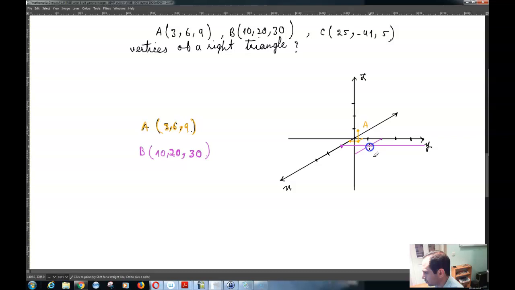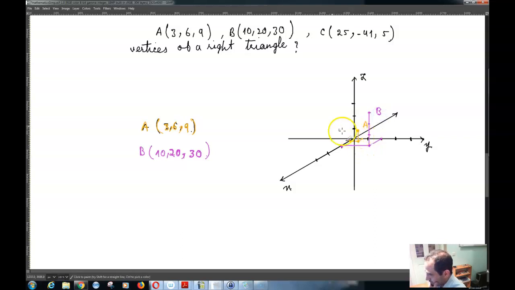Over here, this would be your point, and then 30 units up. So I would take, for example, 1, 2, and 3 units here, and this point would be the location of point B.